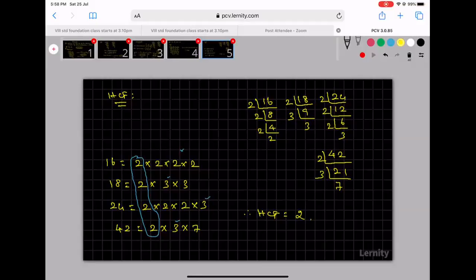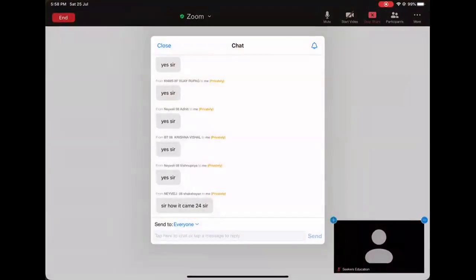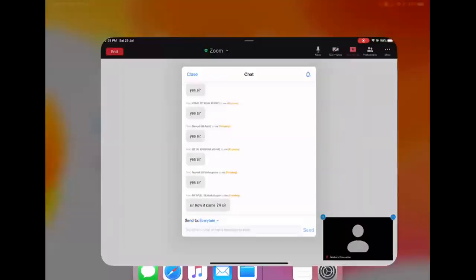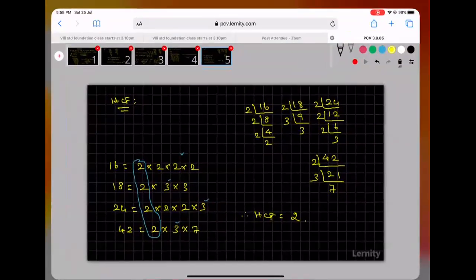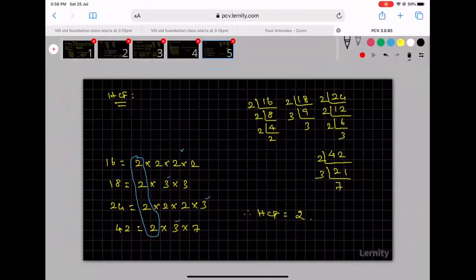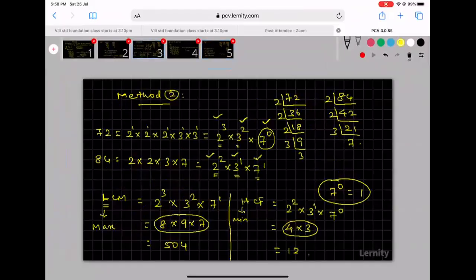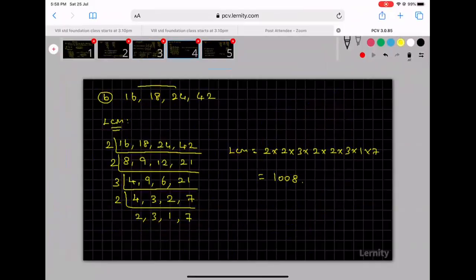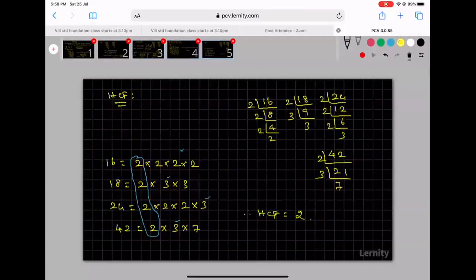Are you able to understand? Any difficulties? Please tell me, I will explain. The question given in problem B is 16, 18, 24, 42.